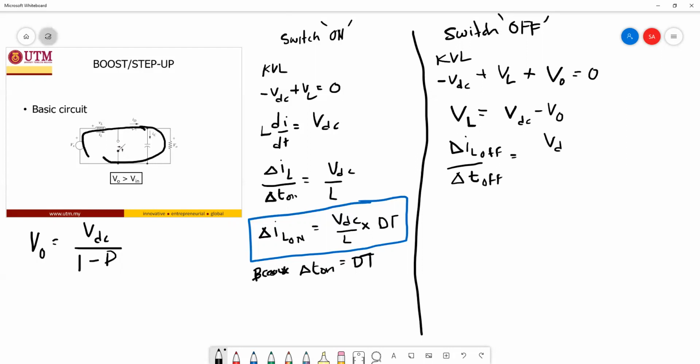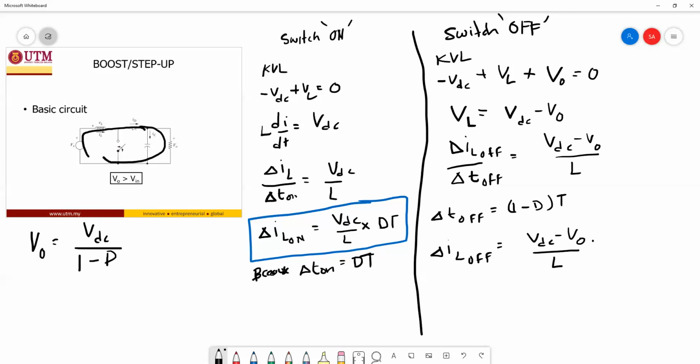So this will be VDC minus V out over L. We know that D off is actually 1 minus D. So delta IL during off is VDC minus V out over L multiplied with 1 minus D.